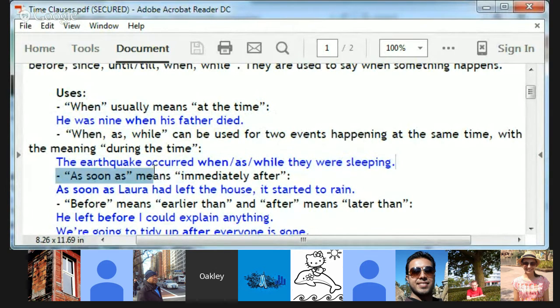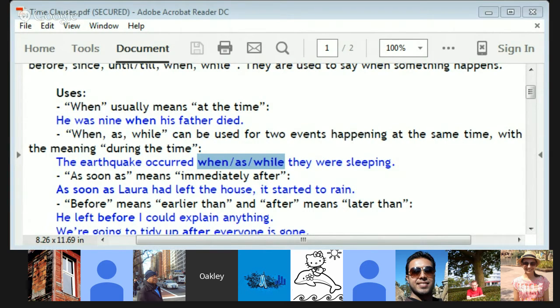Okay, let's talk about two things happening at the same time. Mustafa, pick one. I don't really care. When, as, or while. Create me a sentence to show two events happening at the same time.